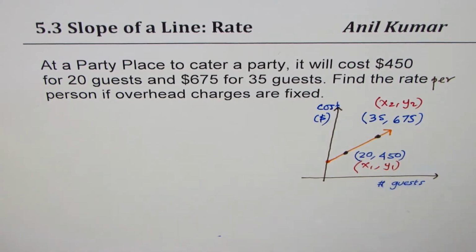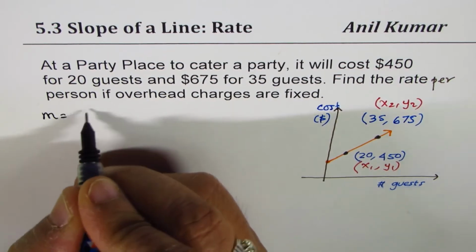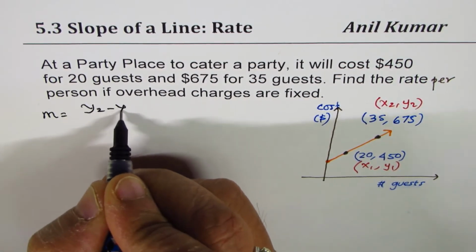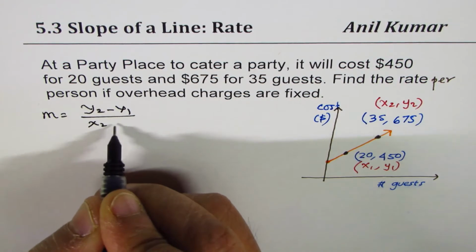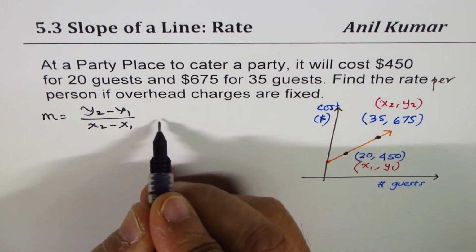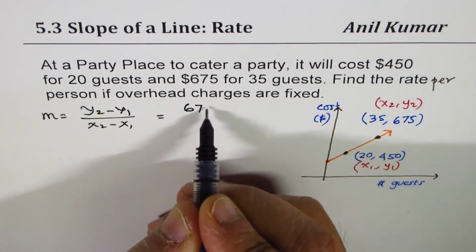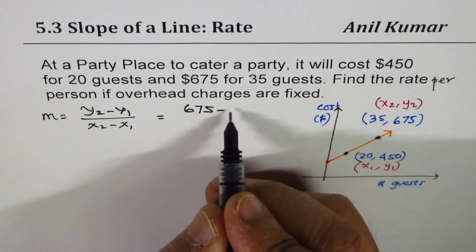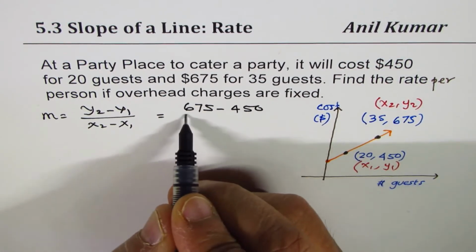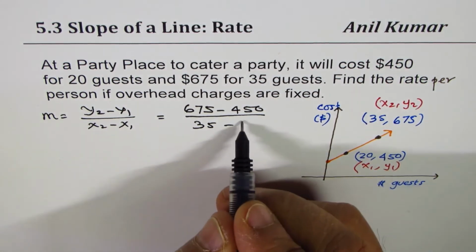Now what is slope? As you know, slope m is y2 minus y1 over x2 minus x1. In this case, we can write slope as 675, that is the y value, minus the other y value, 450. The order should be maintained. It is over 35 minus 20.